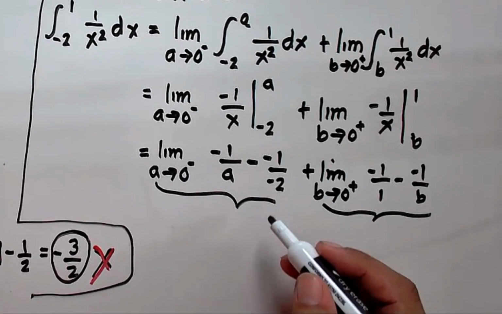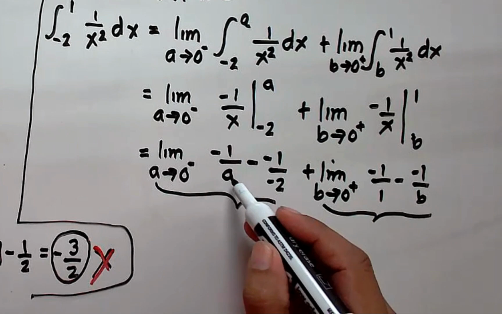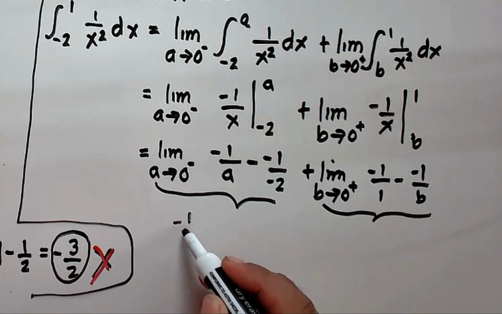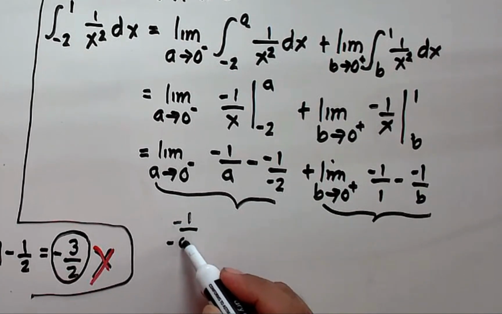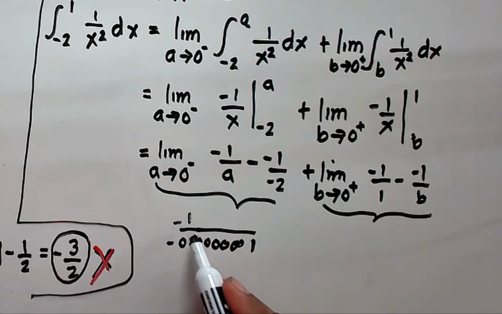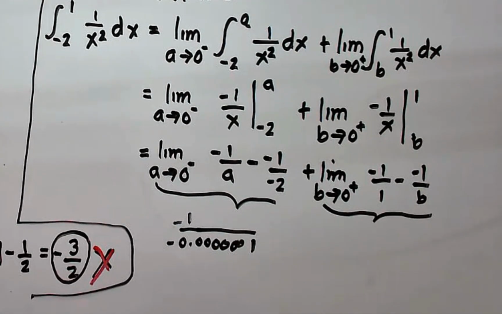Now, let's evaluate this. What happens to negative 1 over a if a becomes close to 0 from the left? So we'll have here negative 1 over a very small negative number, let's say -0.000001. What can we say about this value? You have a negative number divided by a very, very small negative number.